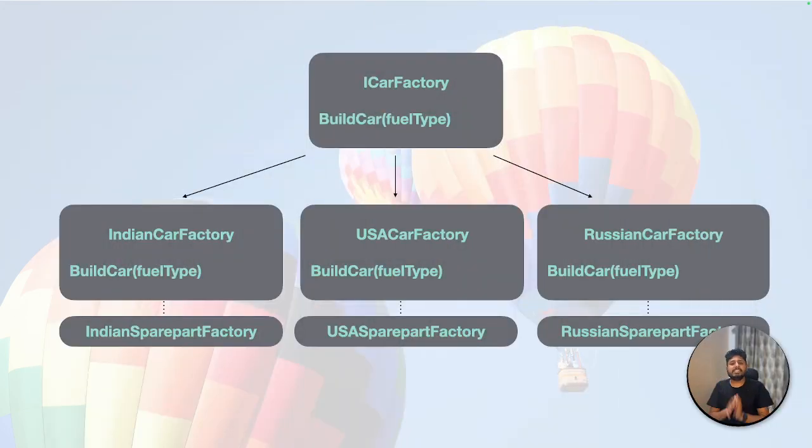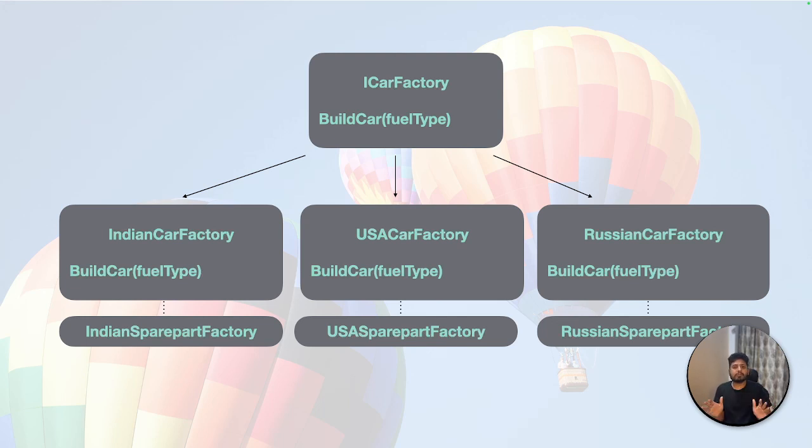Now, each of the factories, whether established in India, USA, or Russia, needs its spare parts, right? And their spare part logic is different. For a fuel type, petrol or diesel, the engine would vary, right? So this is why we need a spare part factory.